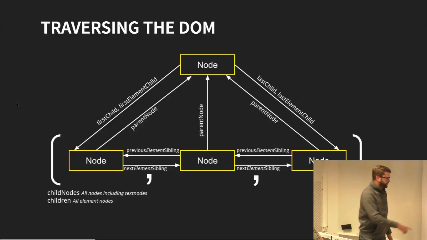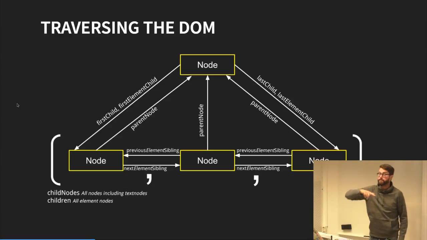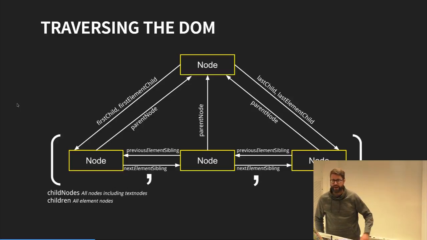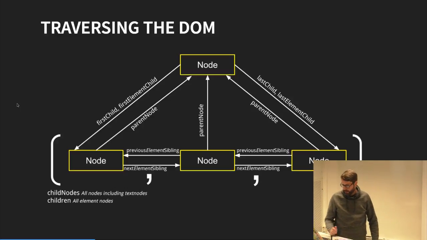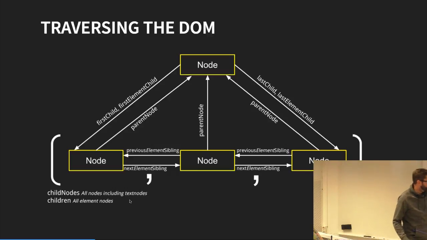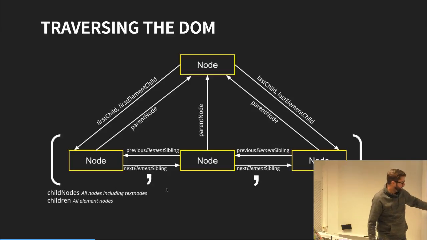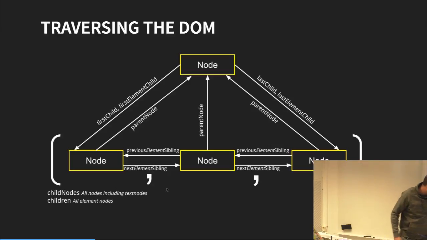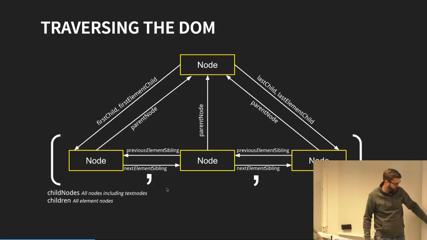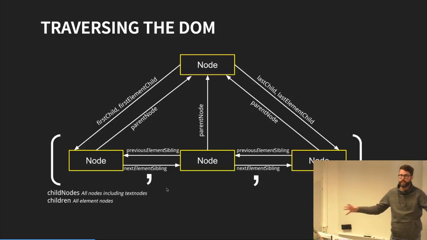When you are on a node, you can always call parent node, and you will get to its parent. No need for parent element, because it's only elements that could have children. You can use previous element sibling and next element sibling to go between siblings. And you can also use node dot children to get all of a node's children nodes.